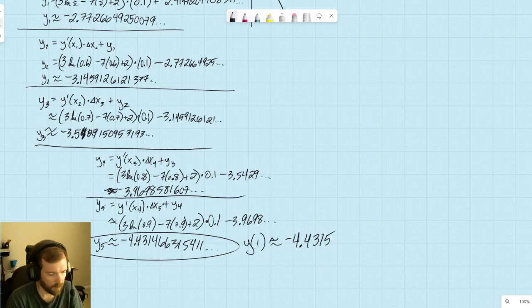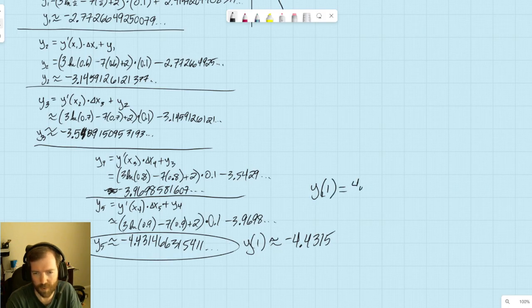So if we go into our calculator or whatever and I want y2 at 1. This is going to get me exactly, interestingly enough, what's y2? Yeah, okay. Okay, so y at 1 is exactly equal to 4.5 according to what I've got here.